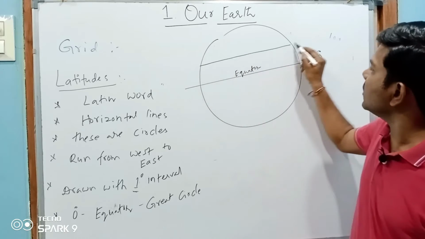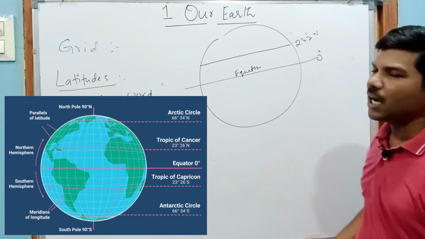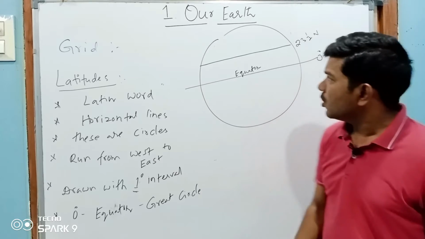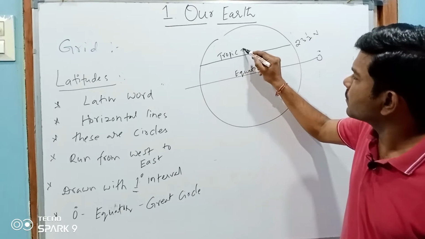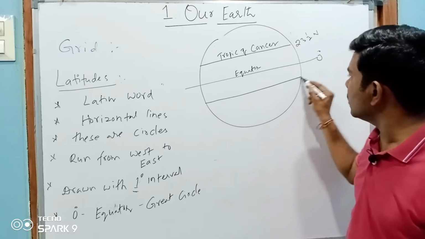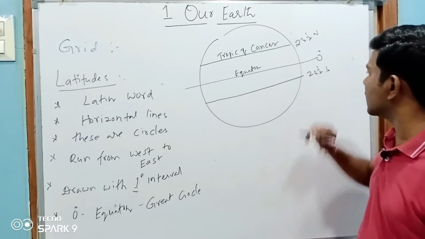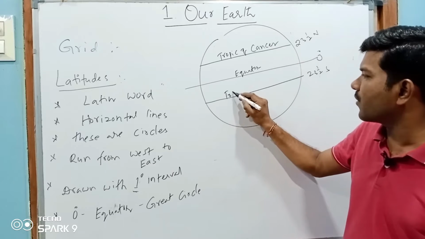And 23 and a half north latitude is called the Tropic of Cancer. And 23 and a half southern latitude, this is the southern side, is called the Tropic of Capricorn.